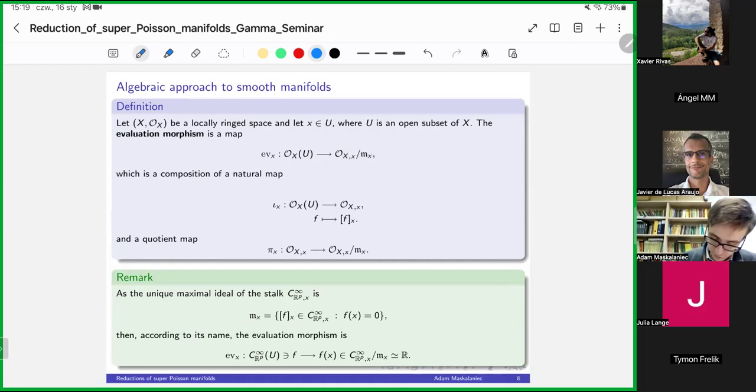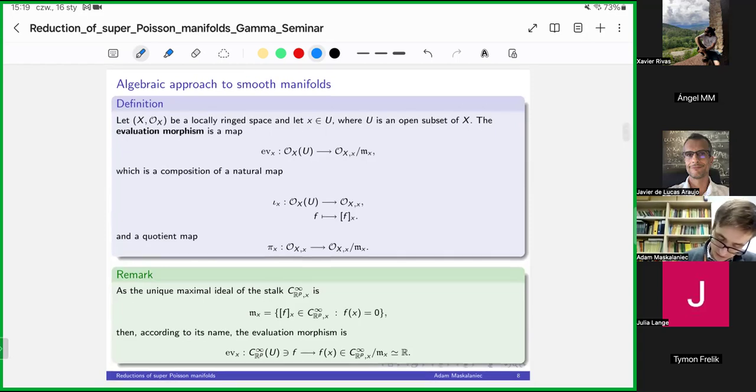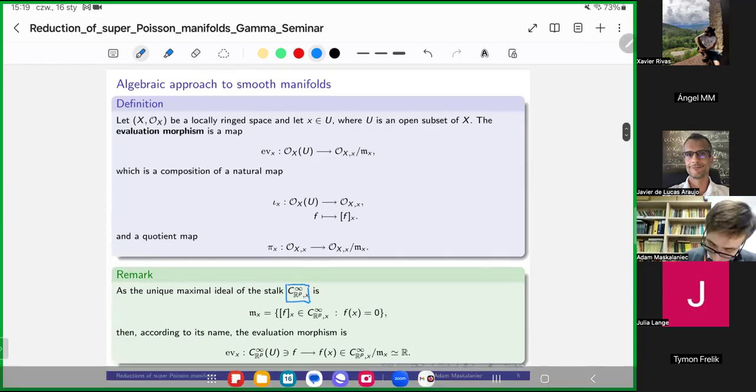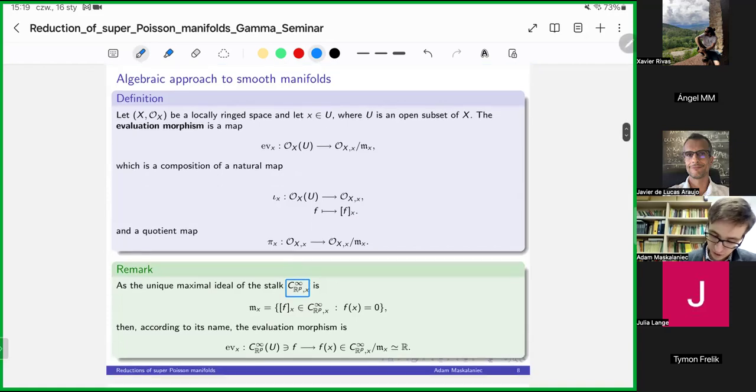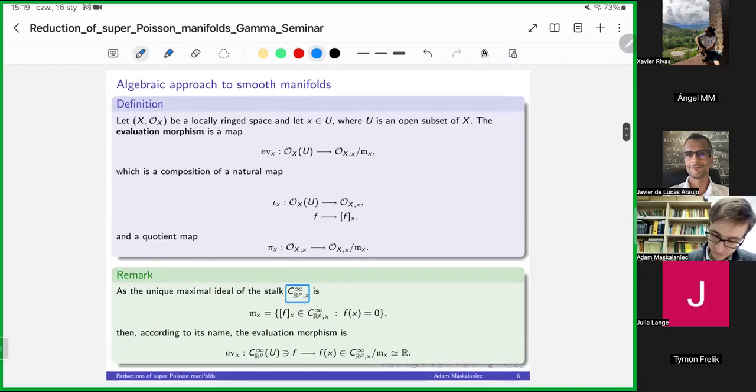And how does this abstract setting look in the case of smooth manifolds? So in the case of smooth manifolds, this stalk is just a ring of equivalence classes of functions that in a neighborhood of the point X are equal.